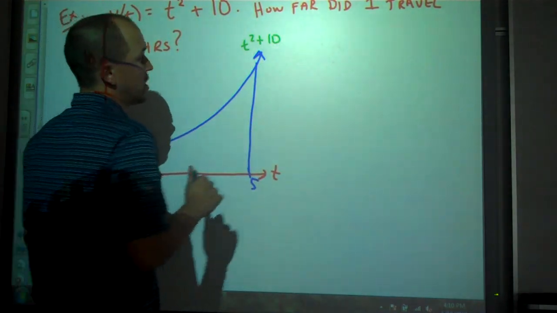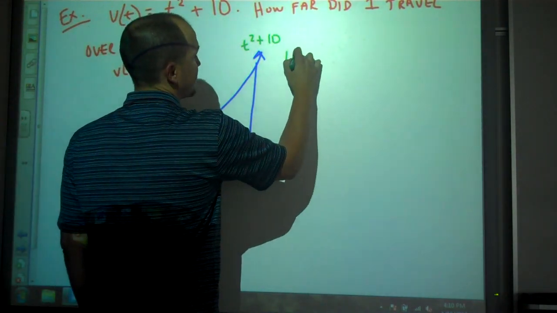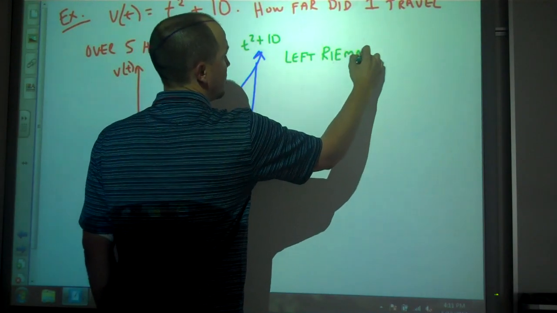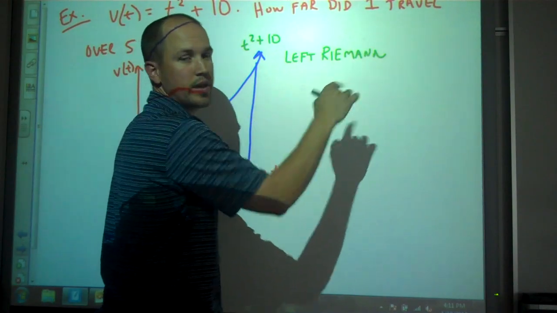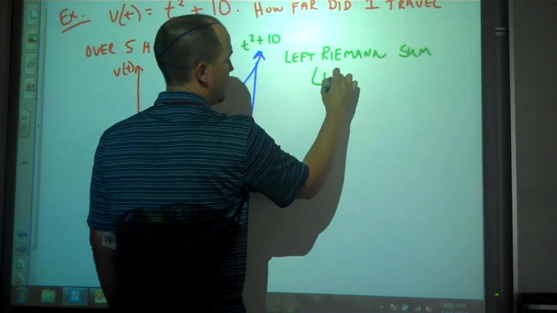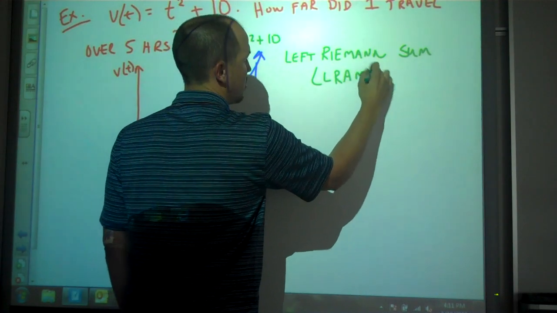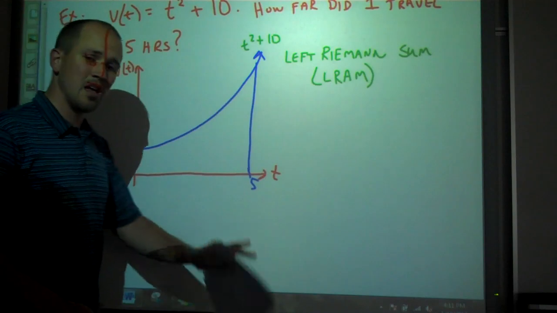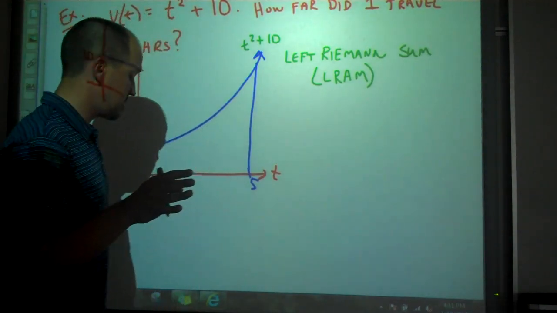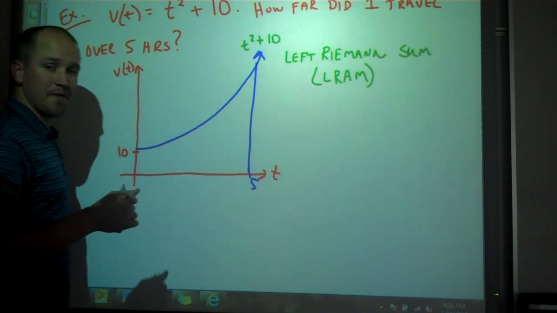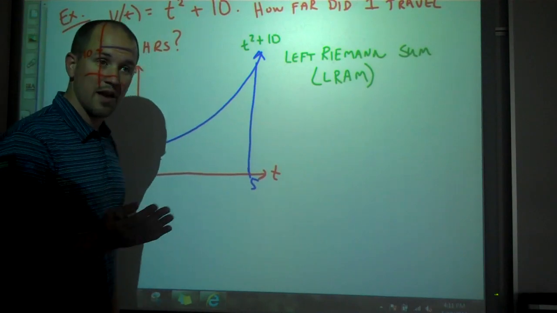And we're going to use what's called the left Riemann sum. It's called LRAM. And here's what that is. Actually, before I explain what it is, I'm going to break this up into 5 subintervals, every hour.